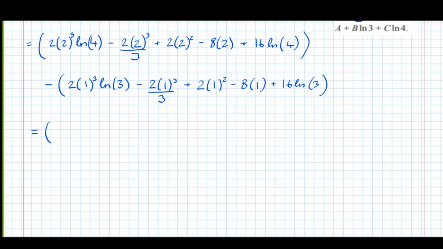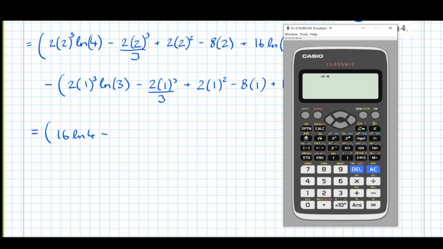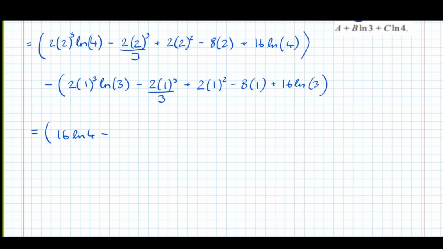So that becomes 2 times 2 cubed, 8 times 2 is 16 log 4, take away, and let's just do the number part on our calculator. So we know that it's fair game to put this bit in our calculator here. It is just going to give us a number.